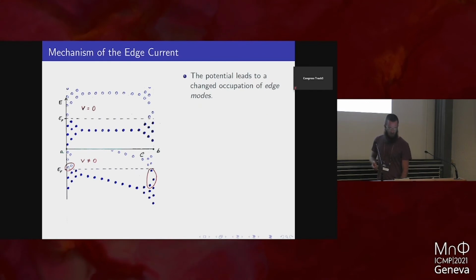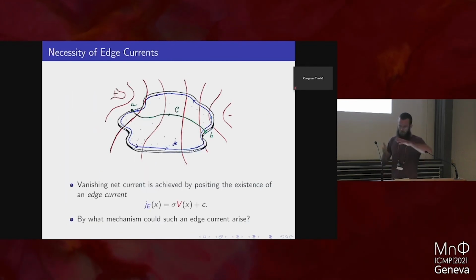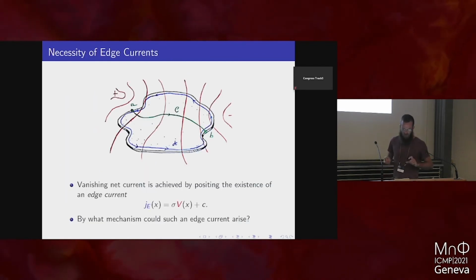Why is that? Because the window of newly occupied edge states is precisely equal to the value of the external potential there. And so by the statement just made, if that is true, then it follows that precisely the bulk current, the electrons dumped on the edge by the bulk current, are transported away by the edge current.